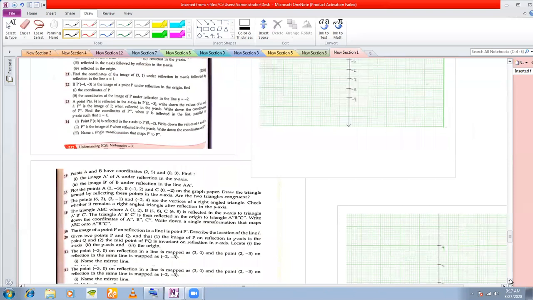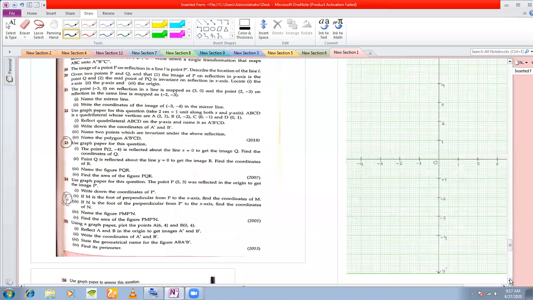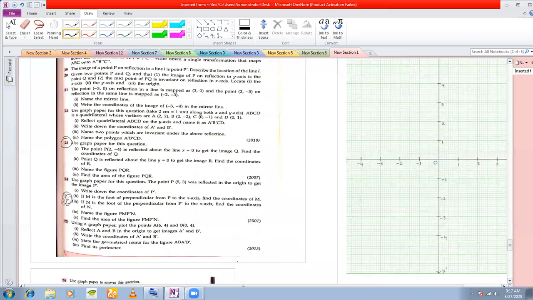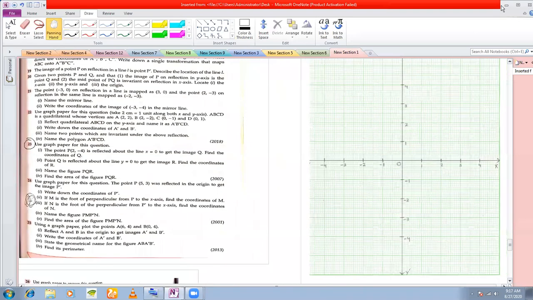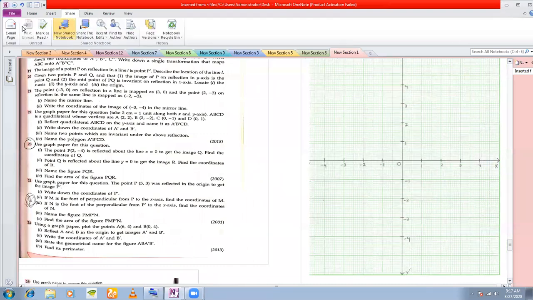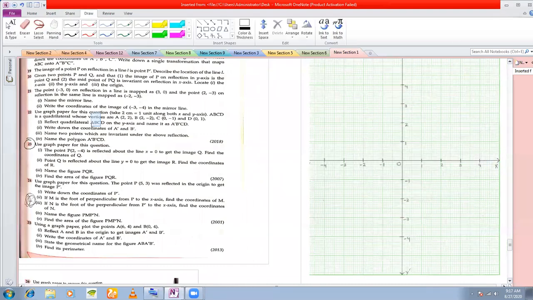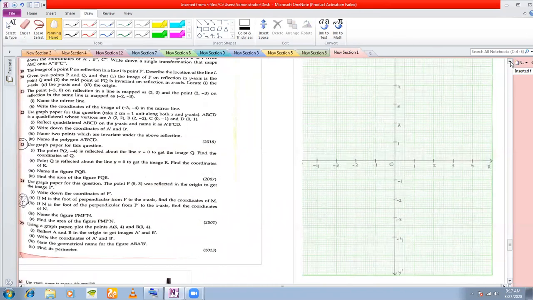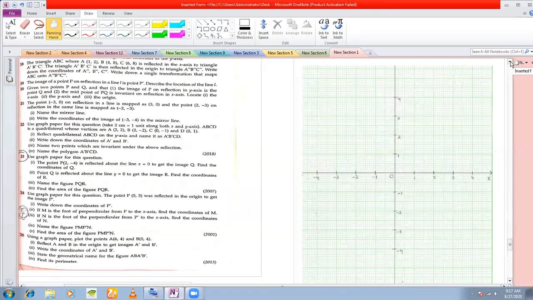Next one is number 23. Use graph paper for this question.